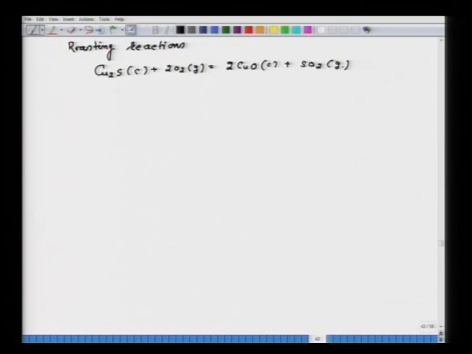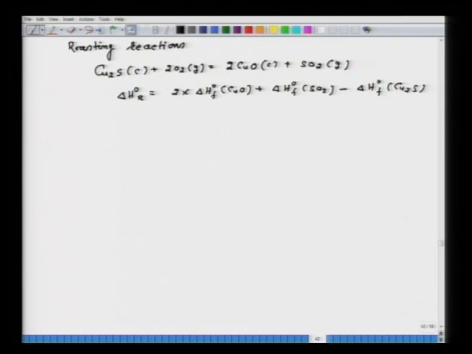Now, I can calculate the heat of reaction, delta H naught R, that will be equal to 2 into delta H naught F CuO plus delta H naught F SO2 minus delta H naught F Cu2S.